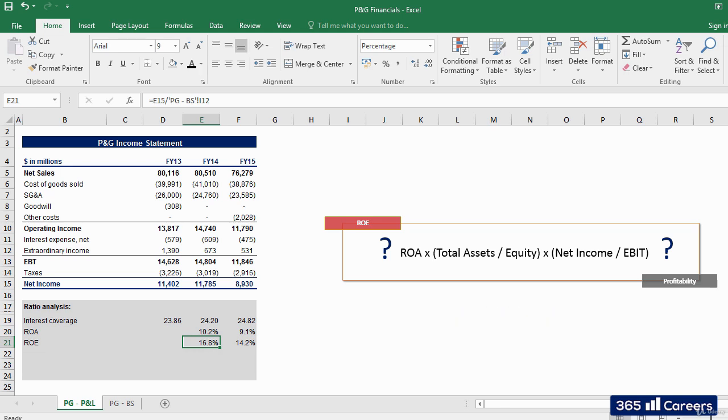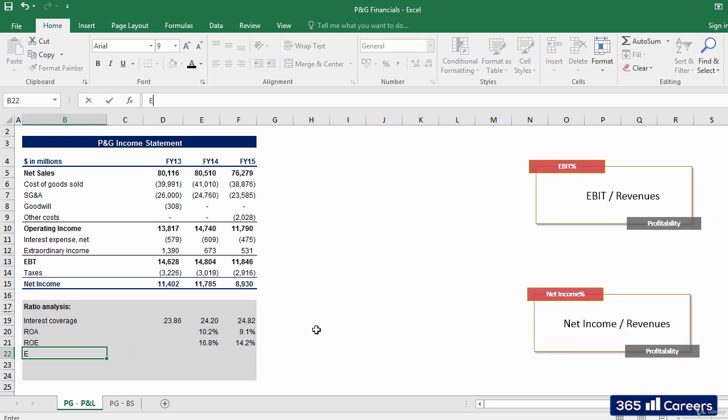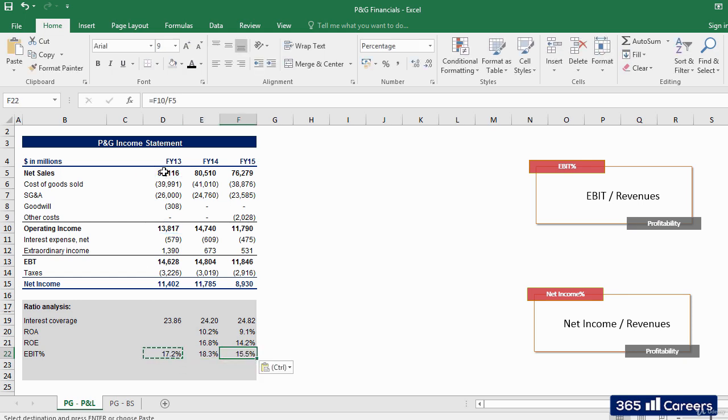Very well. Now, I'd like to calculate another profitability ratio that we did not see before. I'll divide EBIT and net income by revenues. This will allow me to understand what the reason was for the lower ROE that we observed.